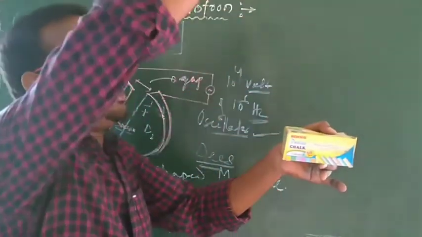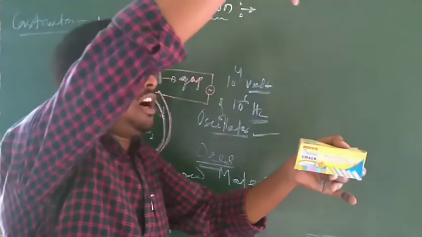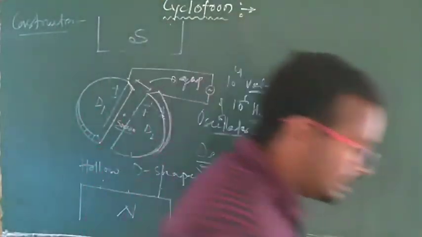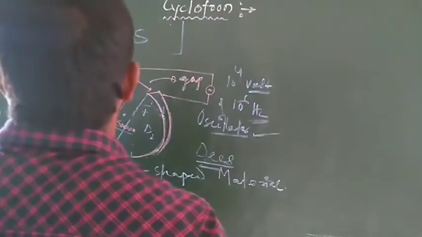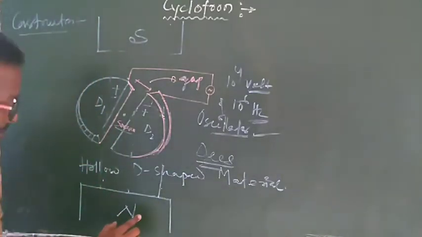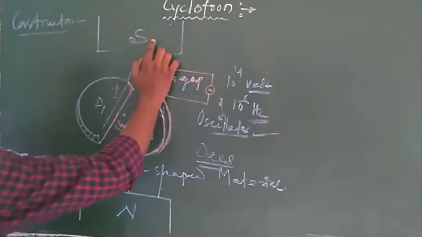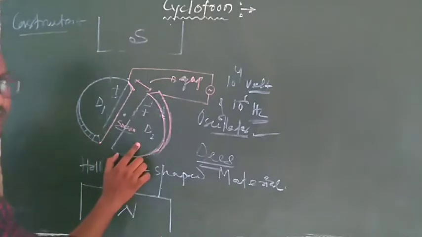Okay. If we observe from its top point, the top view, then you have to imagine a top view diagram of the cyclotron. Remember, this is the north pole, this is the south pole, and there are two D's. Clear?